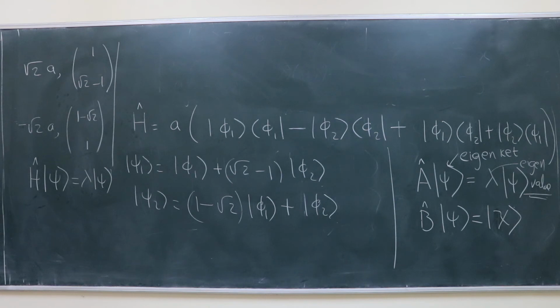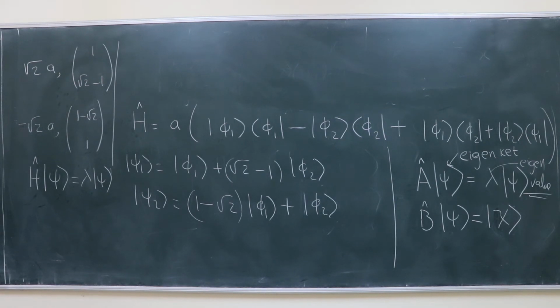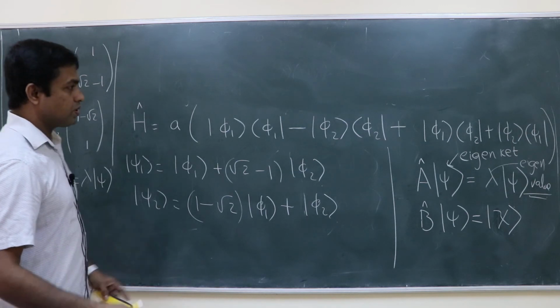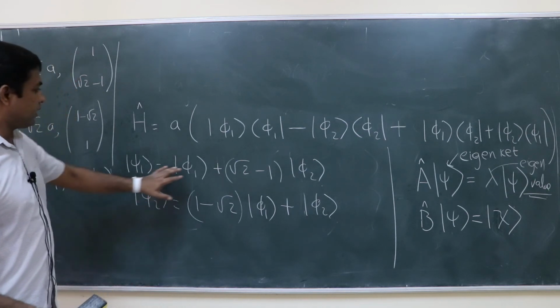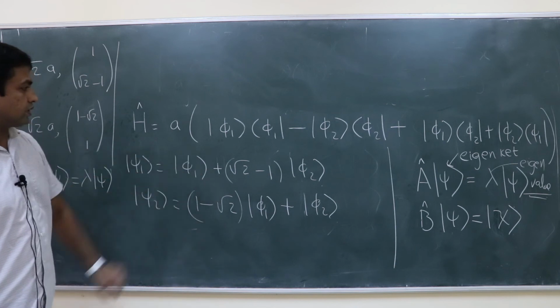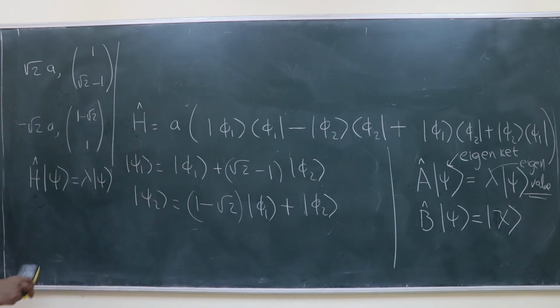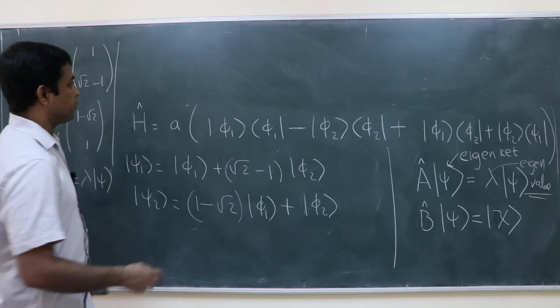Sir, what if we expand it in the form of C1 phi 1? All of you understood what the student has said? Because ket phi 1 and ket phi 2 are basis vectors, I can expand this ket psi in terms of ket phi 1 and ket phi 2.